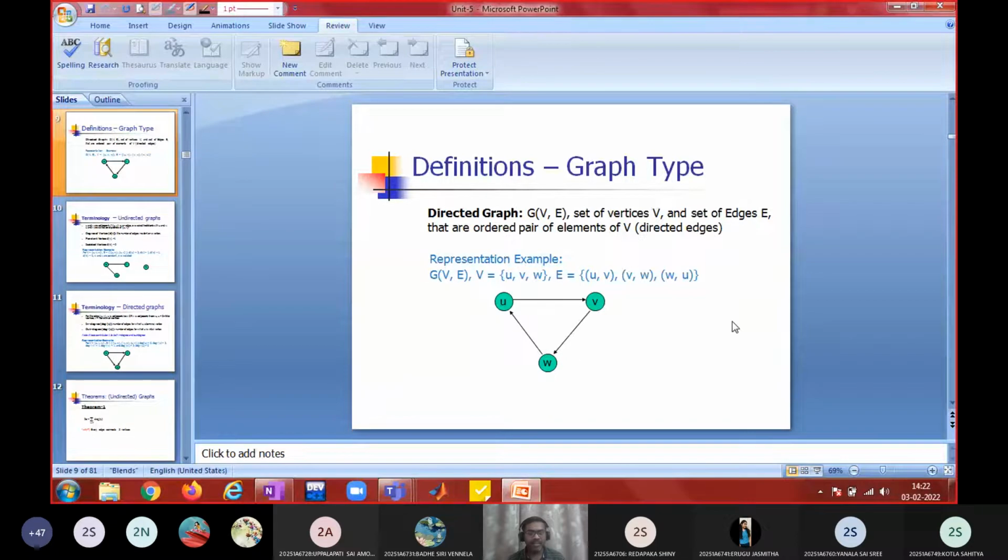So this is a directed graph. You can see arrows are there. Therefore, we are denoting this with ordered pairs. There is an edge from U to V, therefore ordered pair (U, V). Sir, can we draw an edge from 000 to 010?